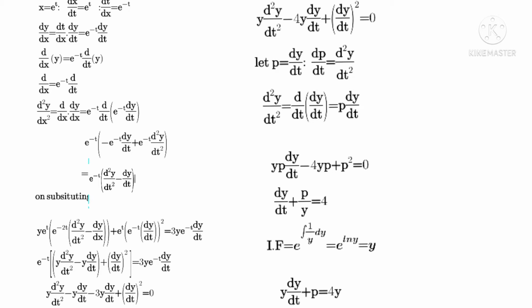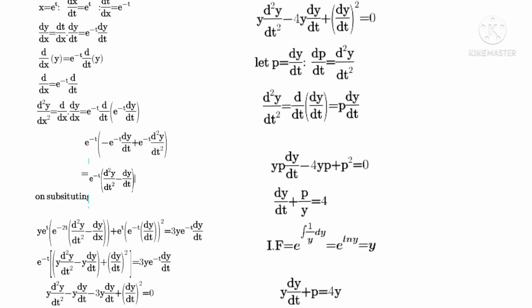But please take note, there is a slight error. After substituting, we have y e raised to power t e raised to power minus t, d squared y/dt squared minus, it is meant to be dy/dt, not dy/dx, so kindly change that. Then we have all our expression given as that.